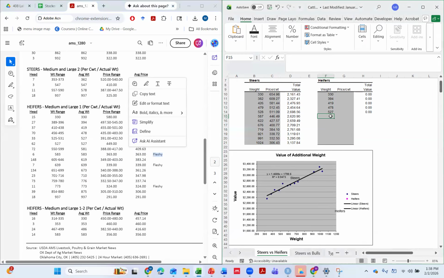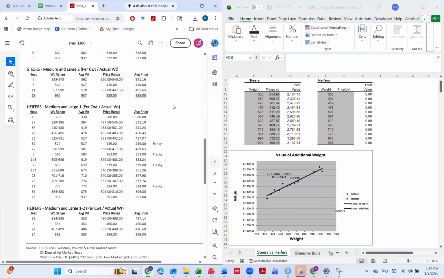Okay, so 527, here's 581, 619, 673, 710, 776, 875, 937. Here, I messed this one up. What is that? 673. Okay.